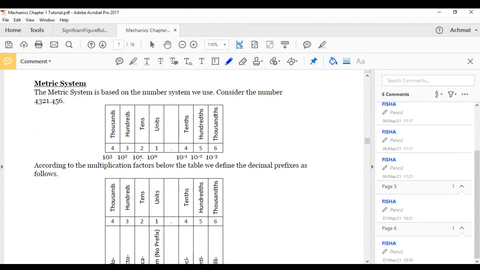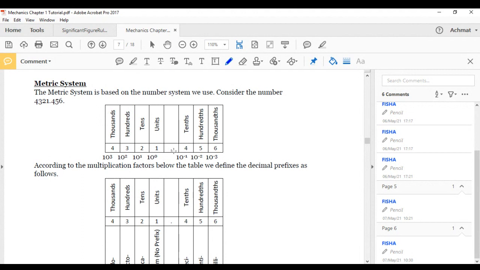This one would be 10 to the 1, so 2 times 10 to the 1 means 2 times 10, 20. That's why 21. That is 300, that's 3 times 10 to the 2, 3 times 100, 300. 4 times 1,000, so it's thousands. Can you see the factors of 10? 10 to the 0, 10 to the 1, 10 to the 2, 10 to the 3.